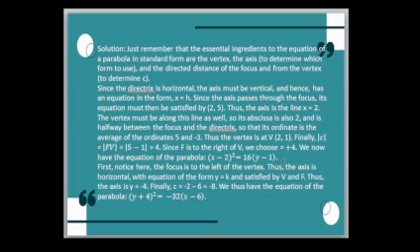So, ang focus is to the left of the vertex. Thus, the axis is horizontal with equation of the form y is equal to k, and satisfied by V, which is the vertex, and F, which is the focus. Thus, the axis is y equals negative 4.